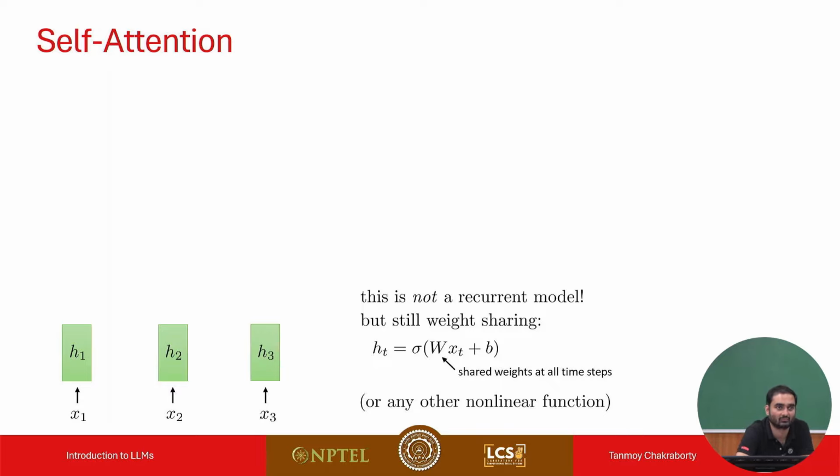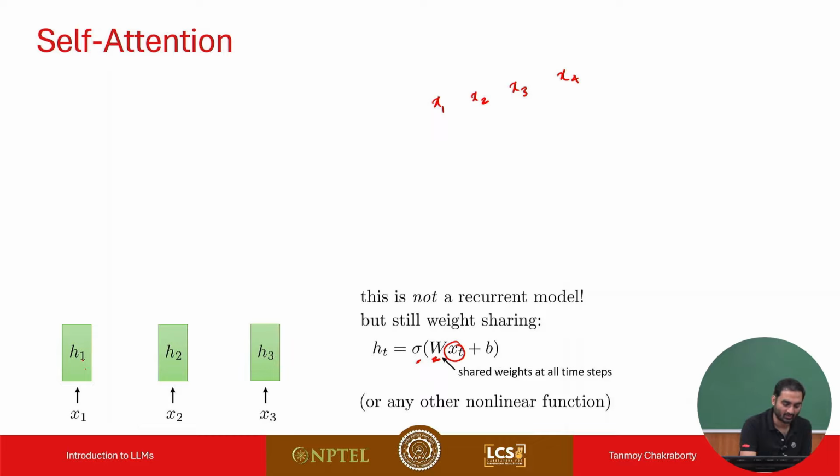So in self attention, let's say you are given inputs x1, x2, x3, x4. These are essentially tokens, denoted by xt. We pass them through some sort of linear layer followed by nonlinearity, right? This is a learnable weight W, and a nonlinearity, and we obtain hidden states H1, H2, H3.